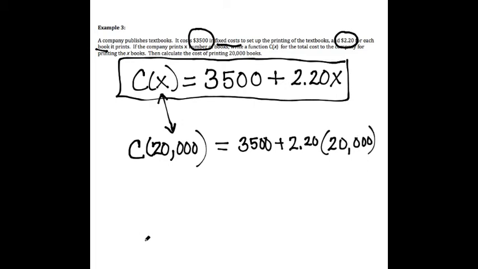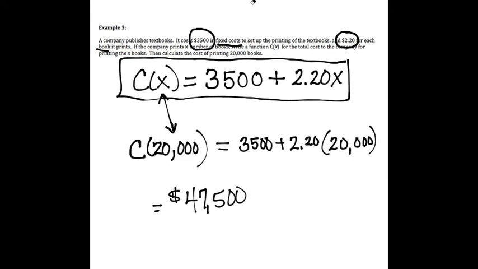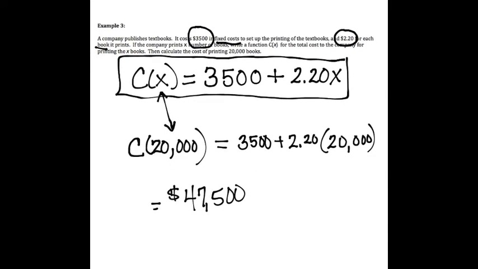All right, so that's going to give me a total of $47,500. Whoop, too many zeros. There we go. $47,500 is what it's going to cost to print 20,000 books.